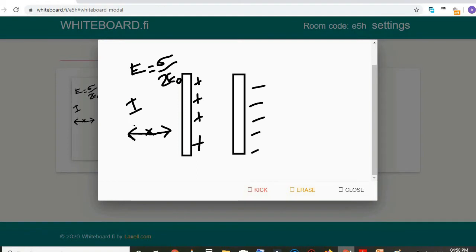In the same way, in this outer region, there will also be an electric field because of the negatively charged plate, that is radially inwards. Electric field because of the positively charged plate, radially outward. While we are adding them, we will get 0.